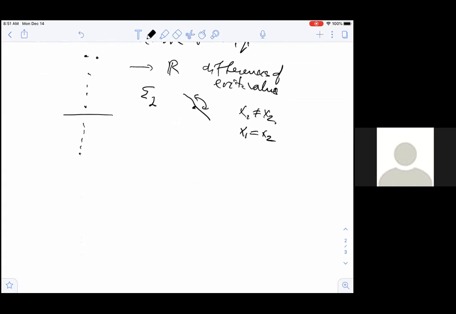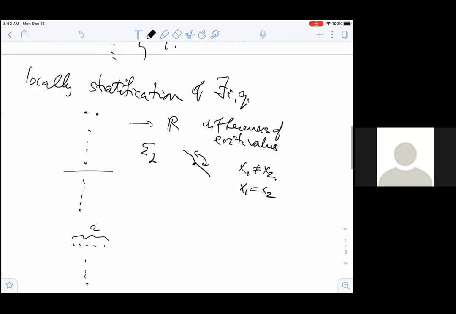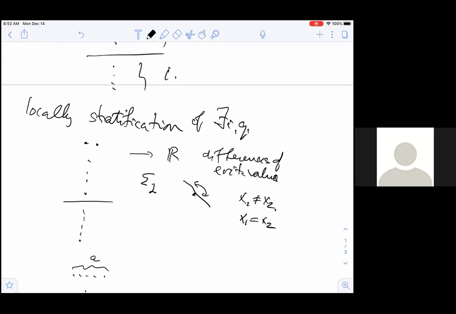More generally, if you had a collection of A critical points all at the same level, well, I should have said here, the map to R is really a pair of critical values, F of C1 and F of C2. But the only thing that matters for the structure of the stratification is the difference of these two. The absolute value, where it is up and down, is irrelevant.